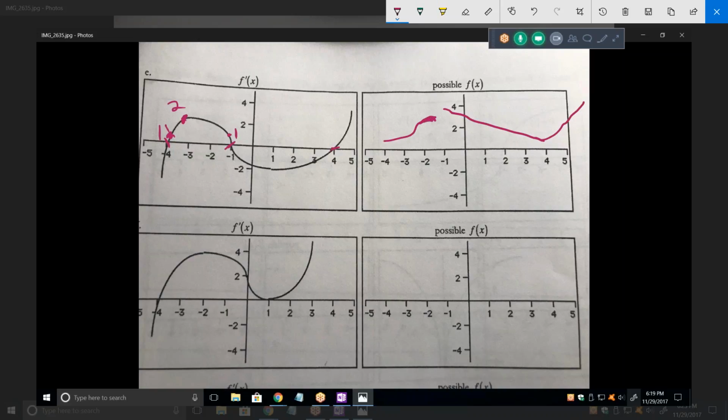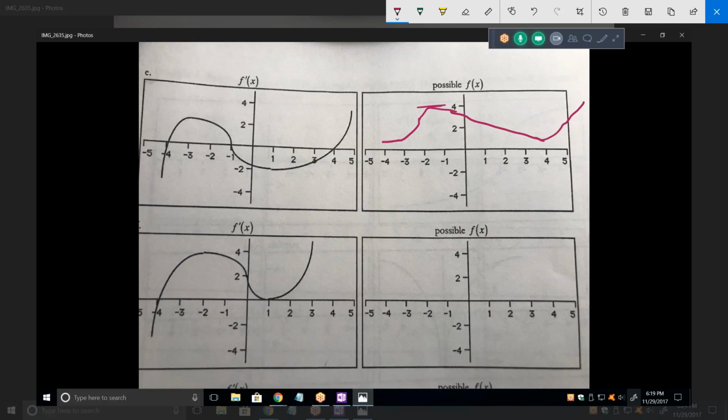Okay. I want to connect it with the other one. Let me do it this way. Whoops. Like that. Okay? Okay. I believe that fits everything we're looking at here. Let me just check here. We should have a 0 point right there, because I see a flat tangent line.